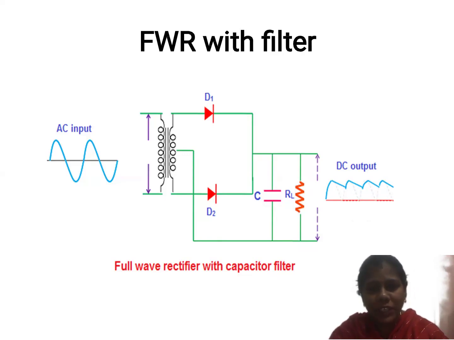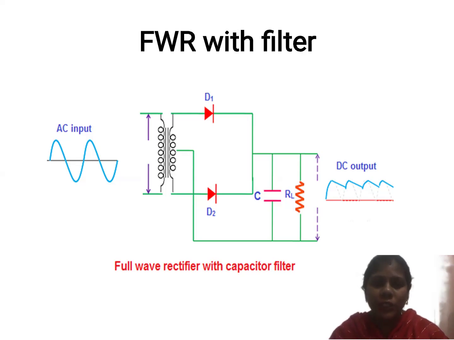Not only with a capacitor, we can also remove the unwanted AC components with inductors, LC filters, or pi filters. The example of the filter we are taking here is a capacitor filter.